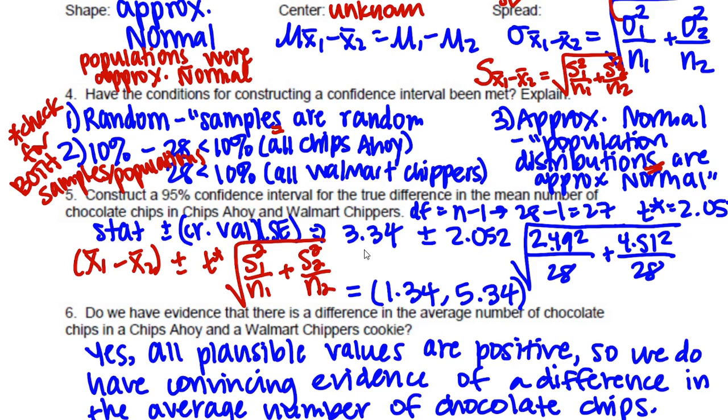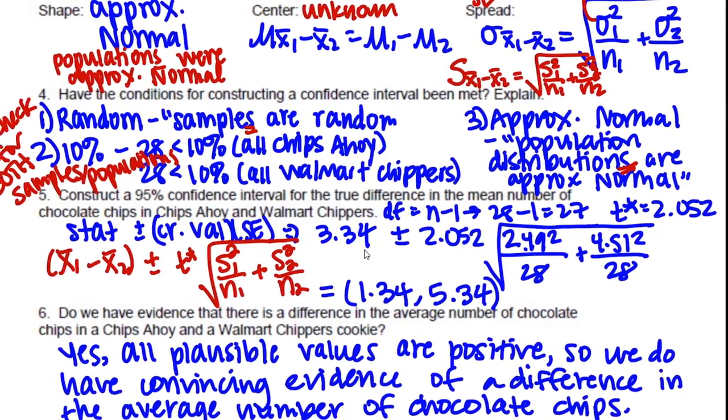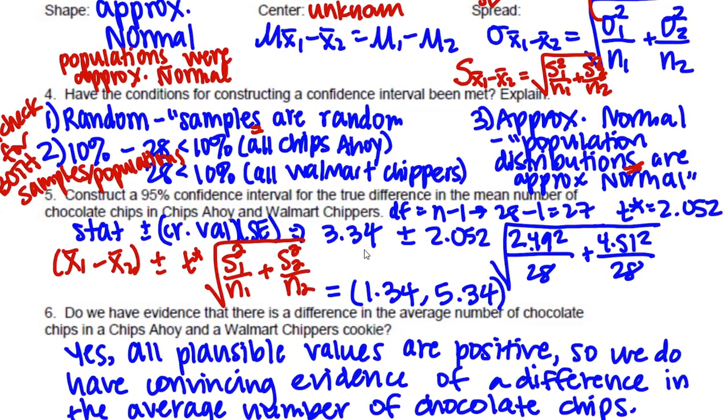So there, and then let's look at this DF before we get too far. The DF, I had 2 samples, they were both size 28, so I did 28 minus 1 and got 27. I'm going to write something down called the conservative DF. I don't have a lot of room here, do I?